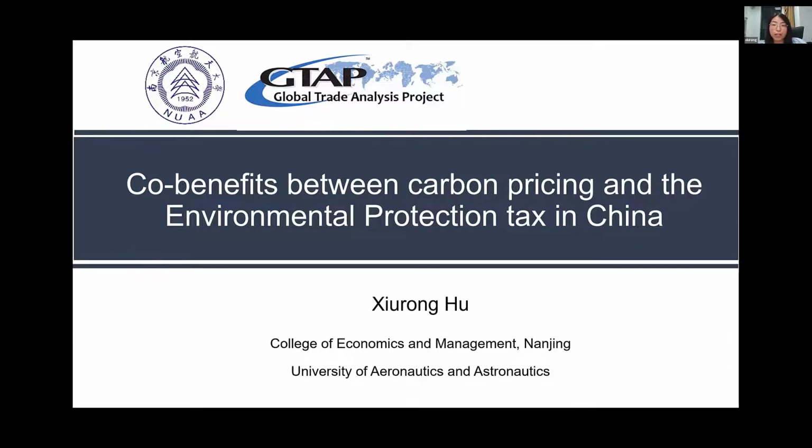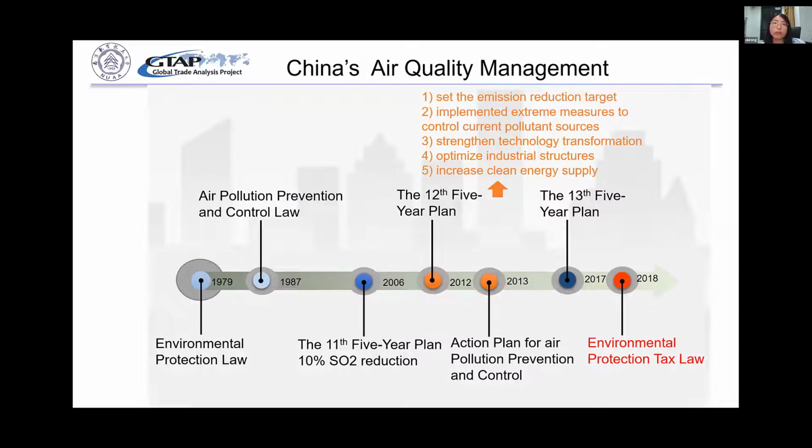To address China's environmental problems, the Chinese government has released a number of air pollution control policies, including the environmental protection law and five-year plans, and so on. And at the beginning of 2018, the Chinese government implemented the environmental protection tax law in the whole country.